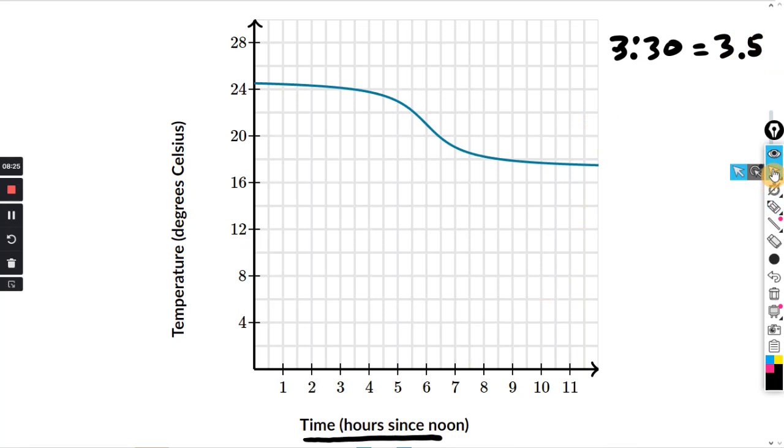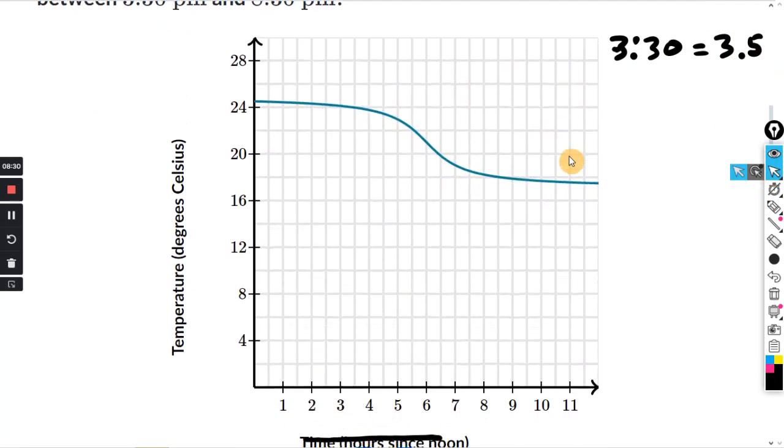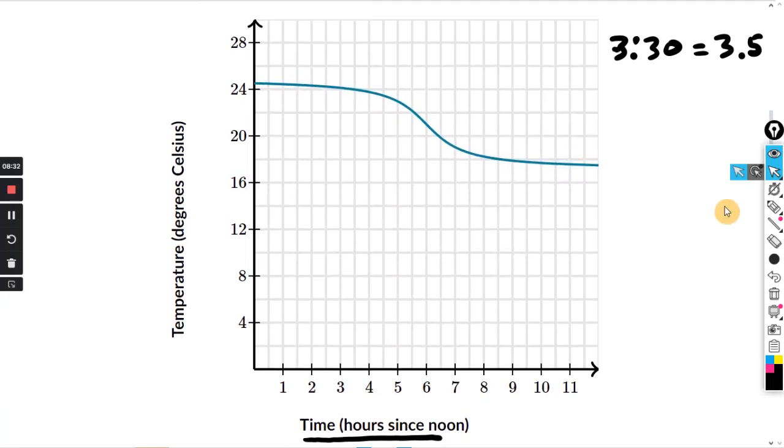And what was the other time again? It was 8:30. So we're looking at hours since noon. 8:30 is going to be 8.5 hours. So we're on the x-axis here between 3.5 and 8.5 right here. Between 3 and 4, that's 3.5. Between 8 and 9, that's 8.5.